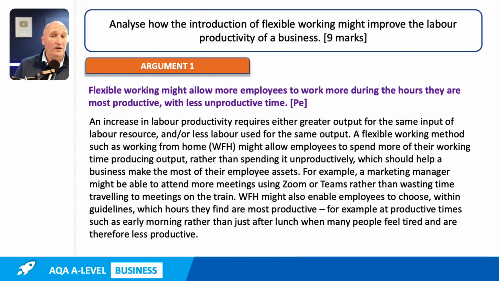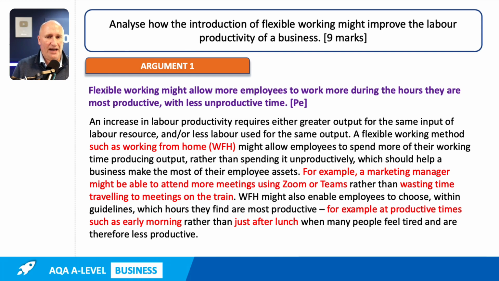Working from home might also enable employees to choose within guidelines which hours they find are most productive, for example, at productive times such as the early morning, rather than just after lunch when many people feel tired and are therefore less productive. So that argument explains how, and I use an example of flexible working from home, leads to people working more productively at times when it's more productive and also less lost time.